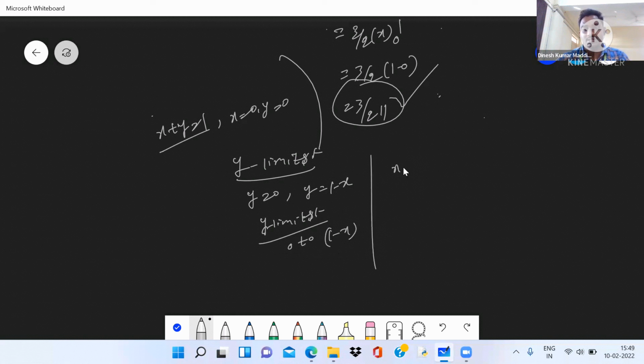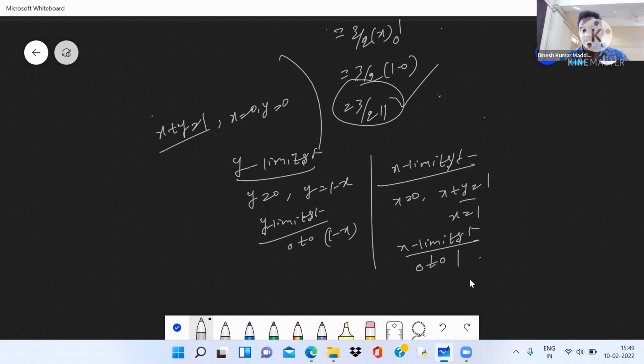And the x limits: you know very well that the lower limit is x equal to 0, and for the upper limit we have to find it from x plus y is equal to 1. When you are finding the x limits, you have to neglect the y terms. That means here x equal to 1. That means x limits are 0 to 1. Is it okay for you? Have you understood? Yes, sir.